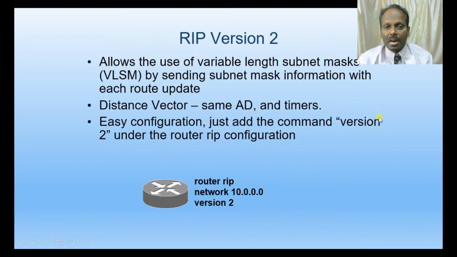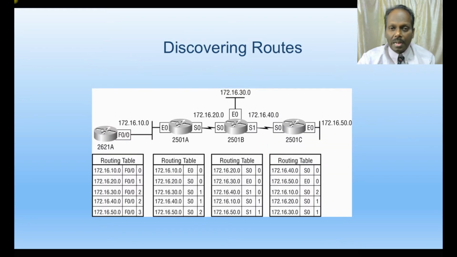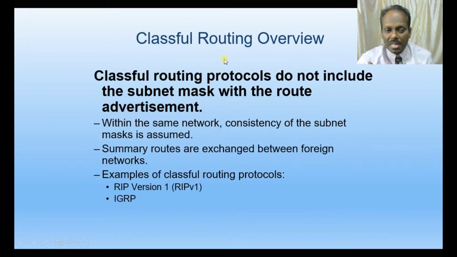There is some important information: it has version 1 and version 2. Version 1 was the previous one, which can work only for a limited network scope where there is no CIDR. It is all classful. Classful means the same net, with the same CIDR across the networks.